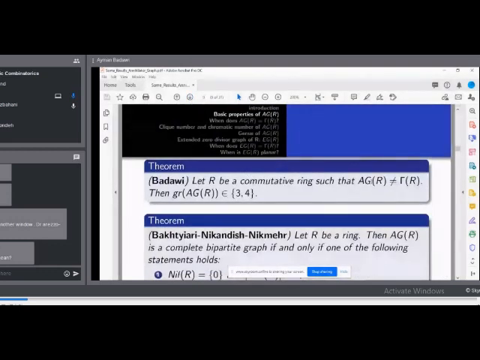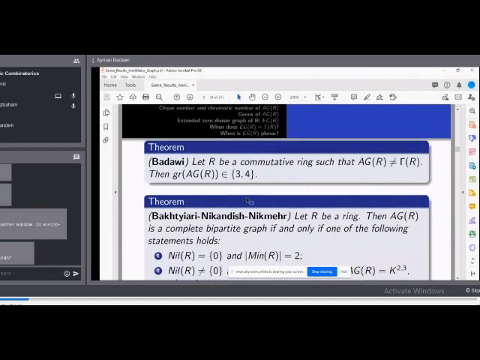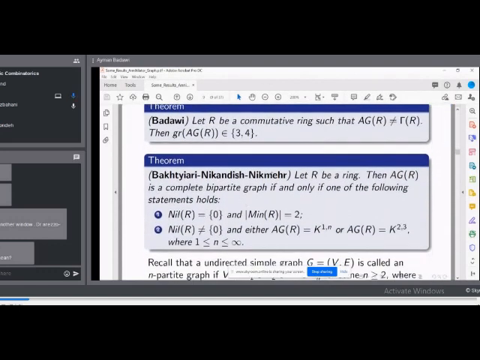Also here are some properties when the annihilator graph is not equal to the zero-divisor graph. Then I know that the girth of the annihilator graph has to be either a triangle or a square. This result is by 3 Iranian mathematicians: let R be a commutative ring, and assume the annihilator graph is complete bipartite.